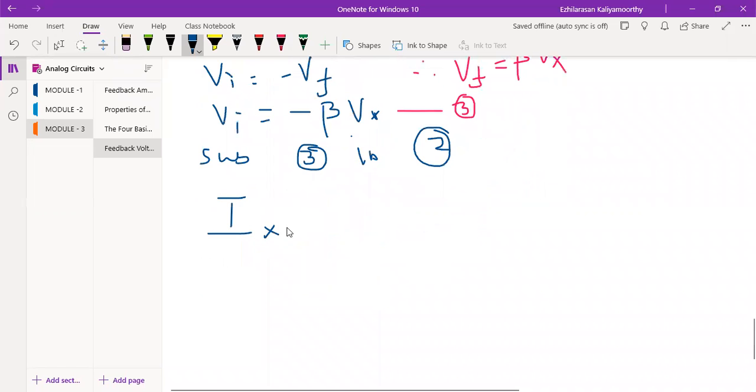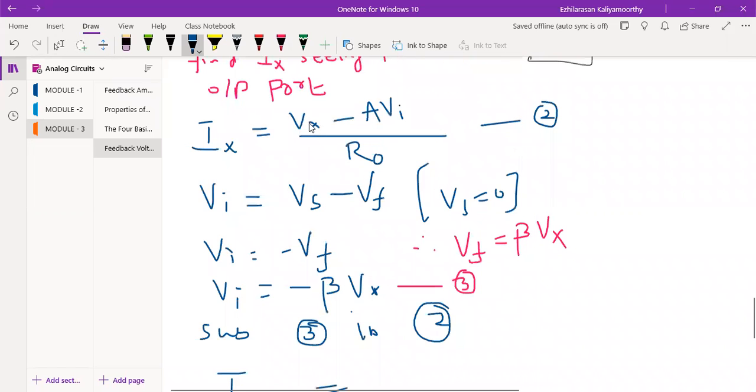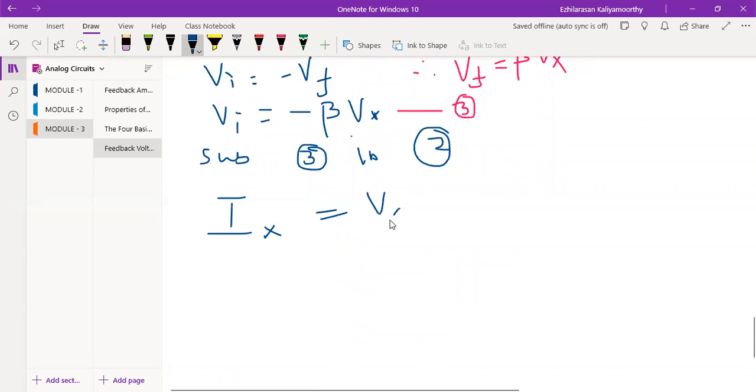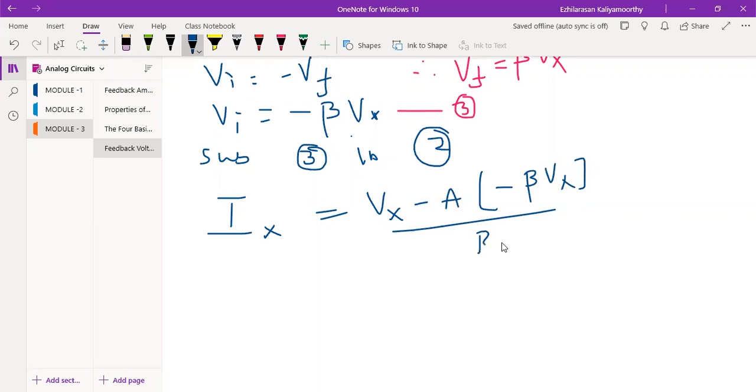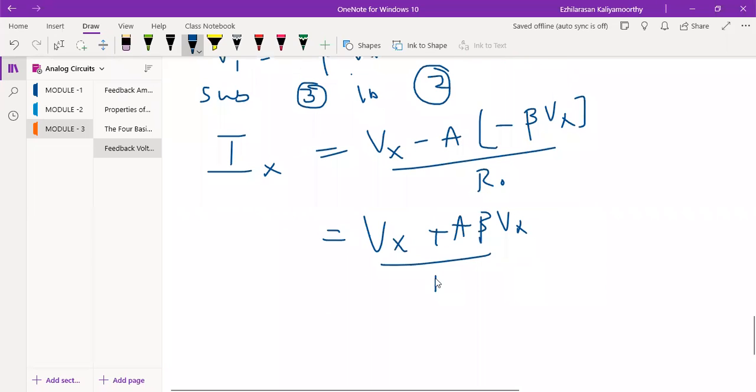Ix is equal to Vx minus A into Vi, so A into minus beta into Vx, divided by R naught. Now simplify this. Vx plus A beta into Vx, divided by R naught, that is Ix.